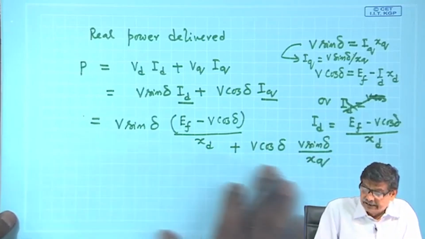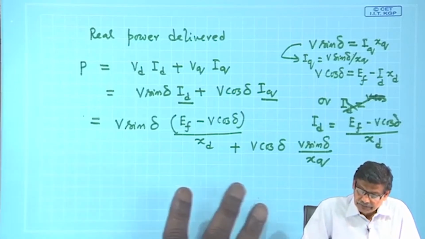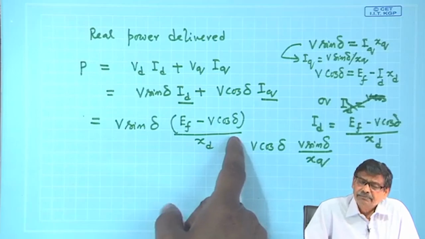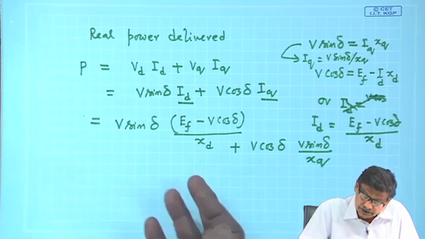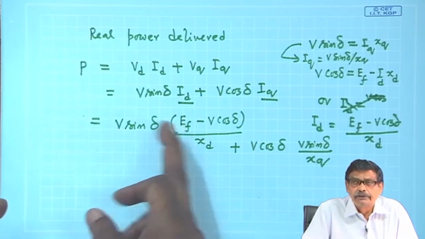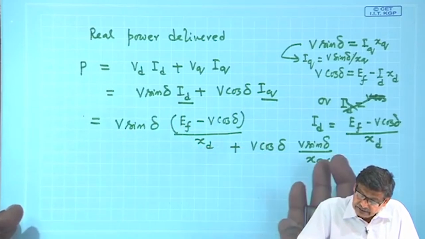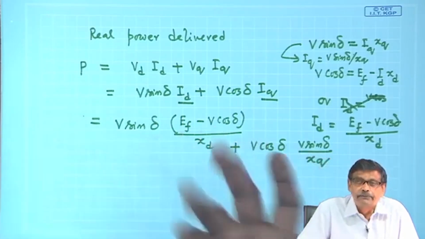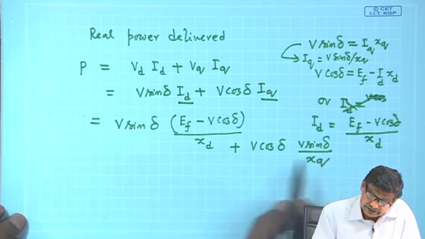So, now in the right hand side everything is known. How do I know delta? Because I know at what power factor it is operating, which mode it is operating, that we discussed so much. EF, the excitation voltage, XD, XQ are known, the terminal voltage is of course known, bus voltage. So, this is the thing.